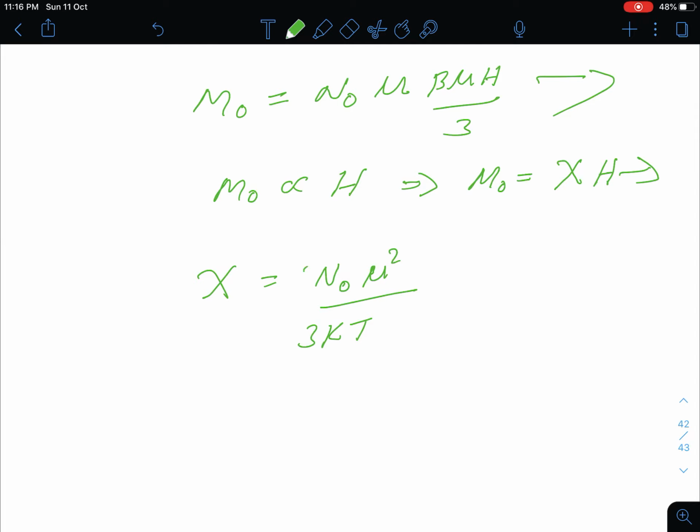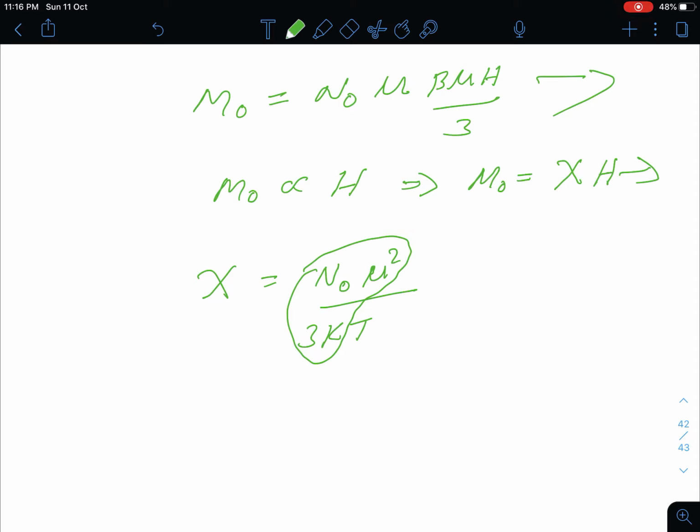Now the ones I have encircled are constants. n0, the number of magnetic dipoles in the material per unit volume, is a constant for each and every material. Depending on the material, the number of dipoles per unit volume is a constant. Now mu, the dipole moment of each dipole, is also a constant.